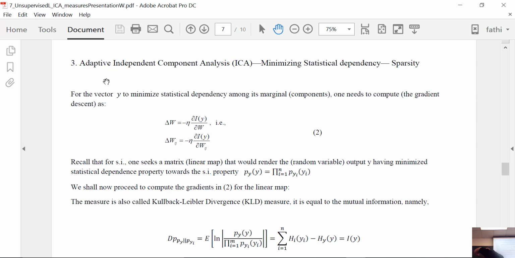And one manifestation of statistical independence is that you're going to end up with sparsity, meaning that the output vector will have the maximum number of zeros in it. So only some signals will be firing or outputting things that are not zero. You have the most number of zeros. So that is forcing sparsity on this output.